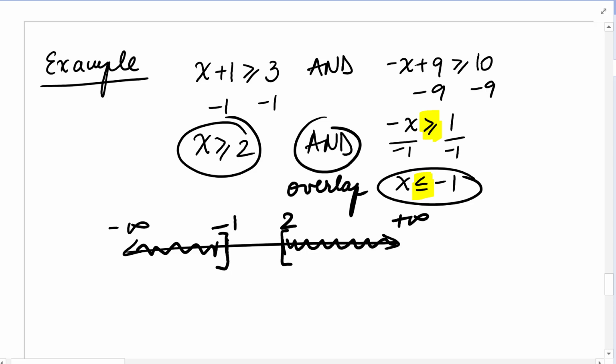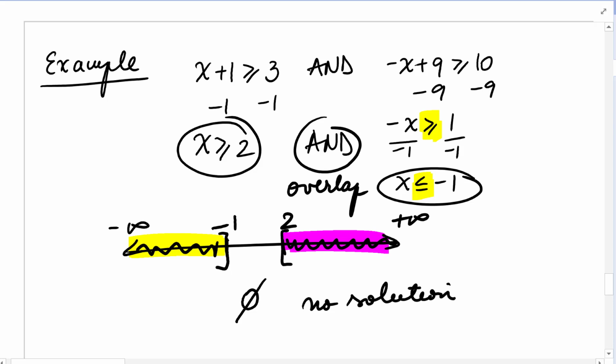So, are this interval and this interval overlapping? Do they have anything in common? They don't. So the answer would be empty set, no solution, because there is no number that is less than or equal to negative 1 and greater than or equal to 2 at the same time.